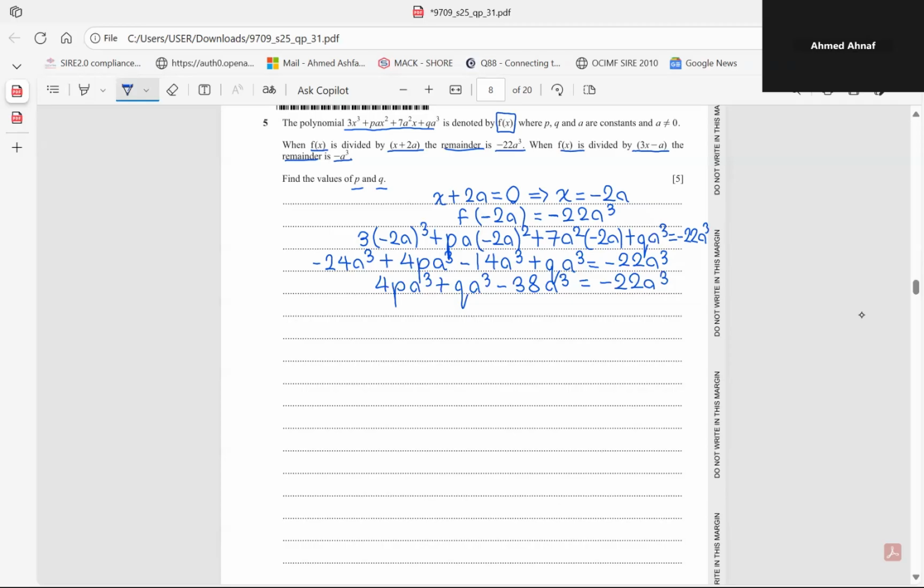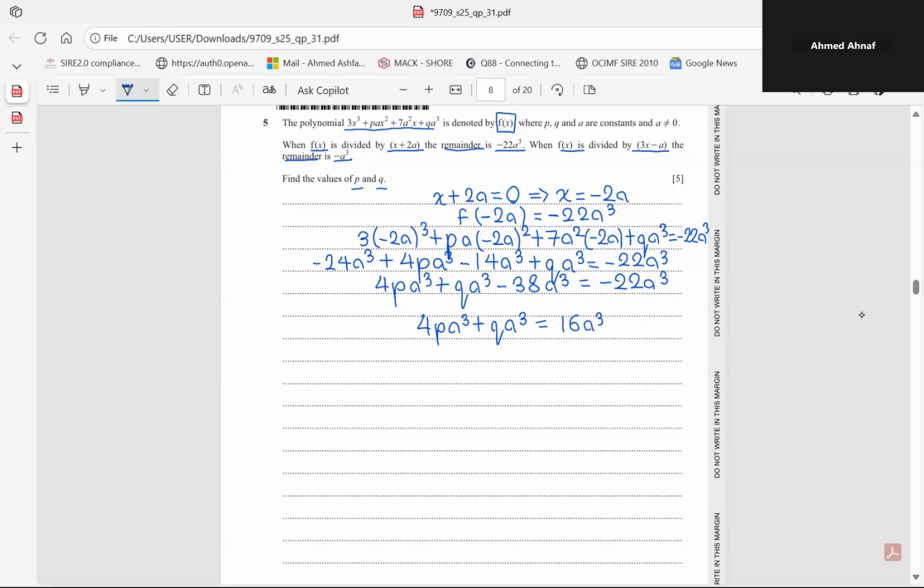Okay, let's keep all the p's and q's on one side and bring the constants to the other side. So we have 4pa cubed plus qa cubed equals 38a cubed minus 22a cubed. So that's 16a cubed.